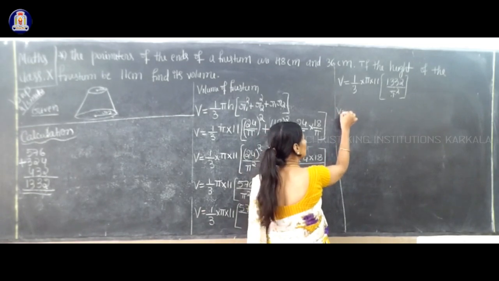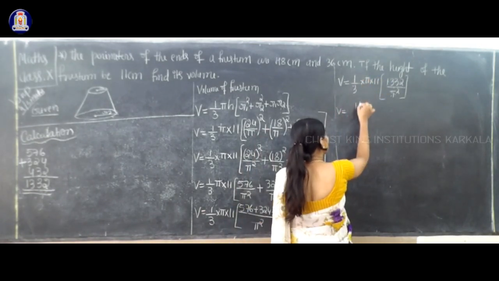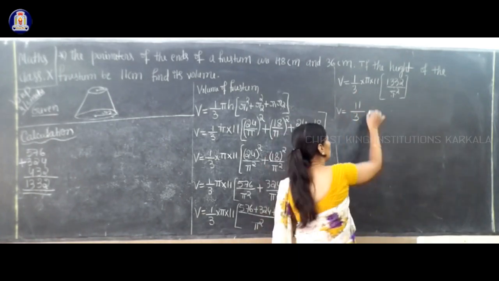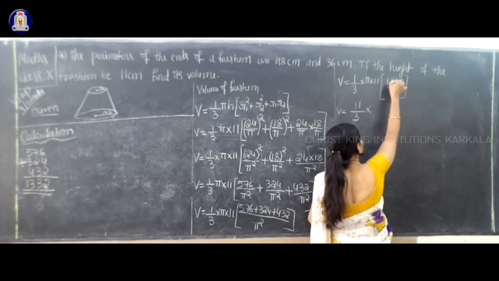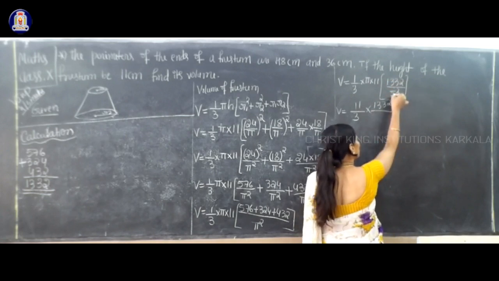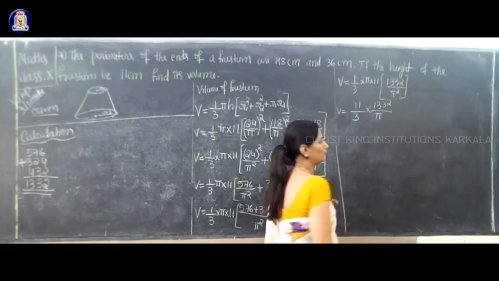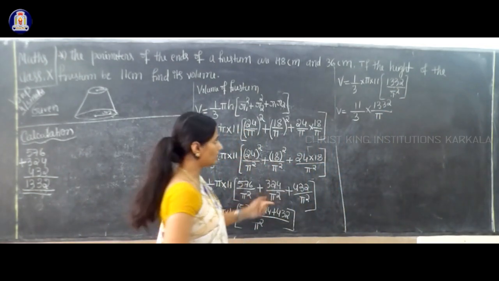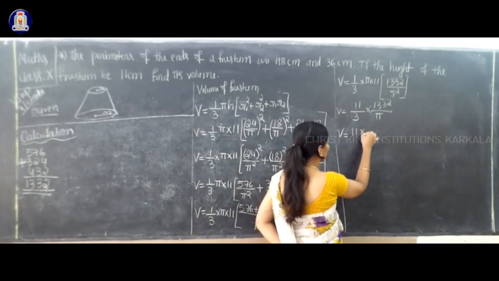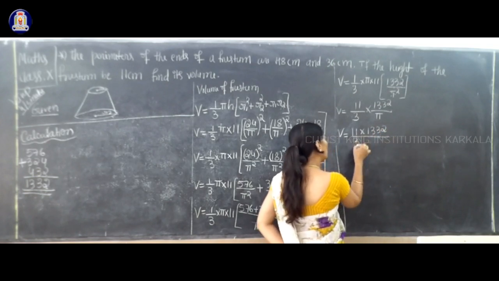So V is equal to what is left here? 11 into 1 is 11 divided by 3 into 1332. Only one pi is cancelled, so one more pi is left. So V is equal to 11 into 1332 divided by 3 pi.